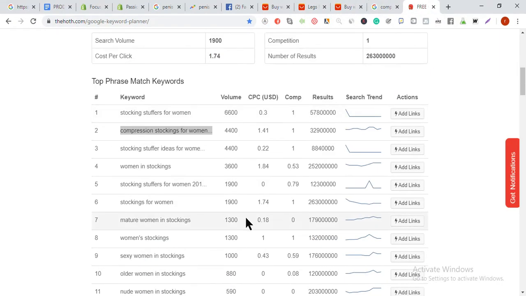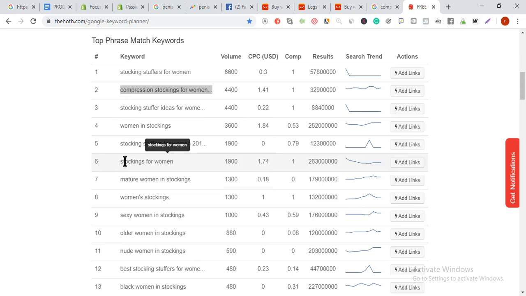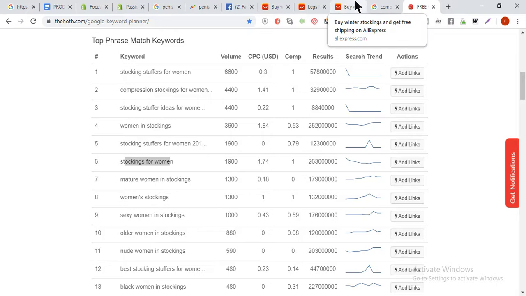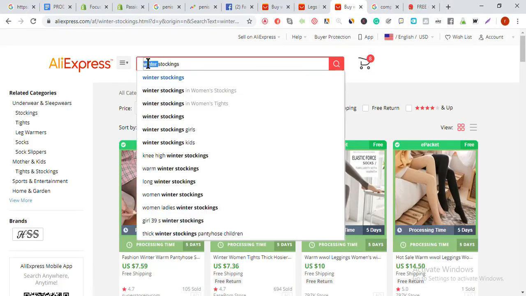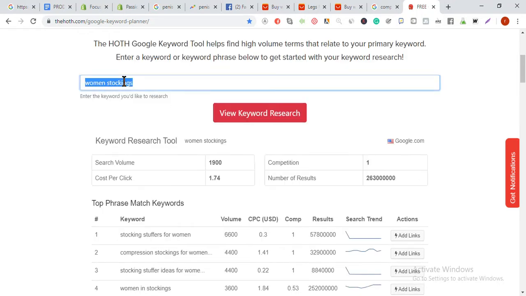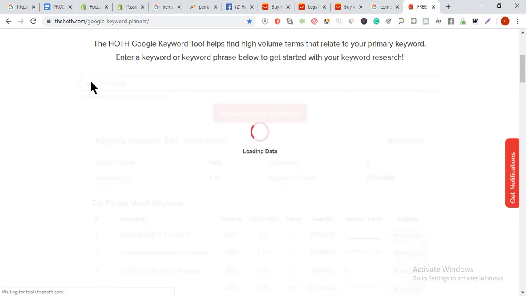Alright, let me see. Stockings for women. This is too broad. Women, no, not that. Sexy women. Nude women stockings. No, winter warm. Warm stockings, maybe. Women. Warm. I think it was too low or something.